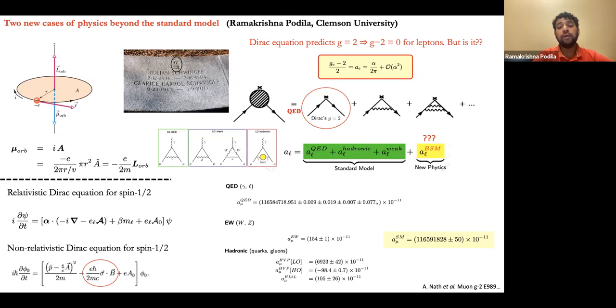So if you look at this anomaly in the magnetic moment, it somehow depends upon the mass of the lepton itself plus the virtual particle mass. So it goes as something like, if m, tiny m, is the mass of the lepton, and capital M is the mass of the virtual particle going around.